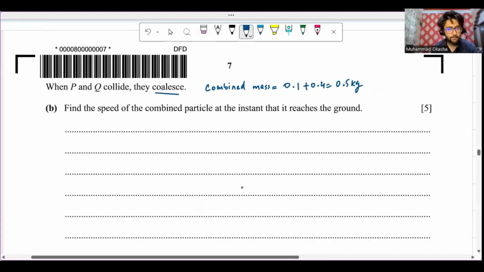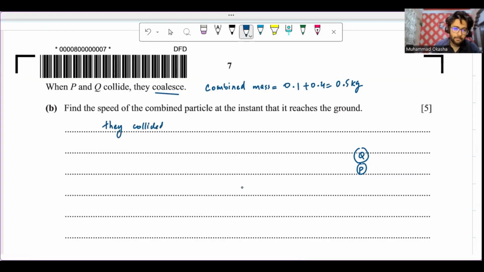Okay. Now approach this problem very, very carefully. First of all, we had particle P and particle Q. They collided at time equals 0.75 seconds. So there's going to be a certain velocity before collision, and a certain combined velocity after collision.